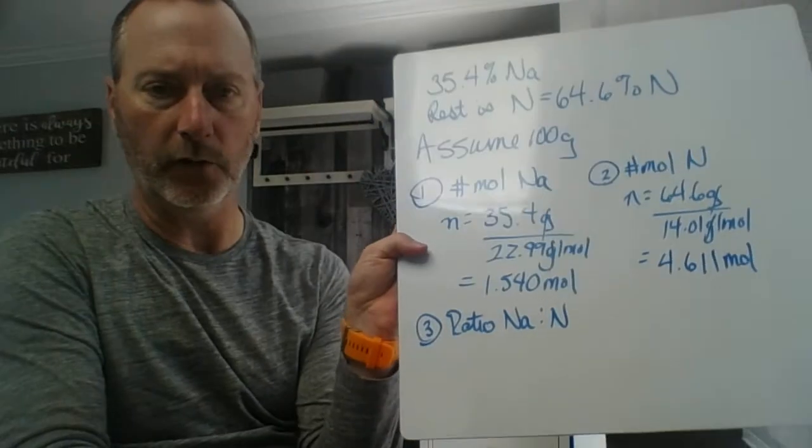Step 3, let's go to our ratio. I always find it useful to write the ratio of what it is you're doing.